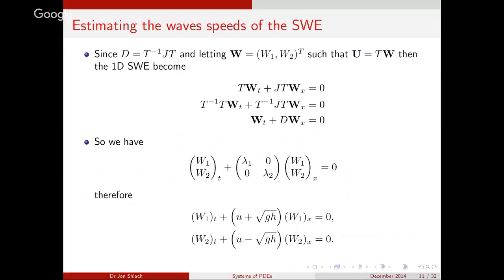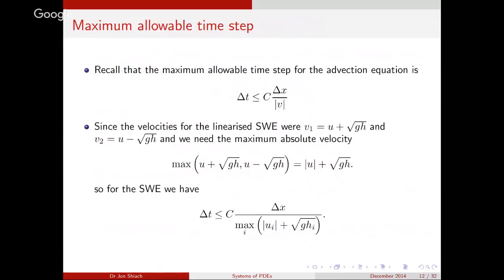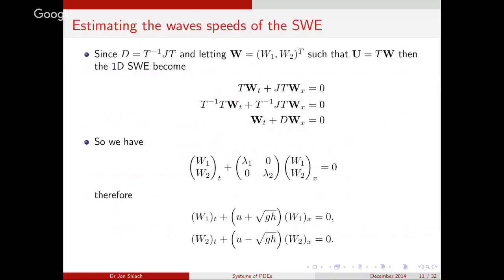So the U plus root GH and the U minus root GH are the speeds. One's positive, one's negative. So these are the fastest possible wave speeds which we can get from the shallow water equations, and the slowest. And that's the case for any hyperbolic nonlinear system.